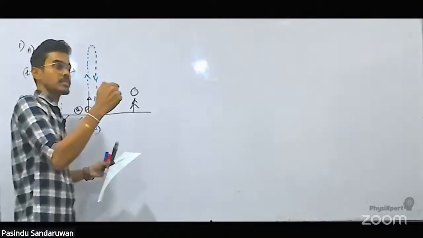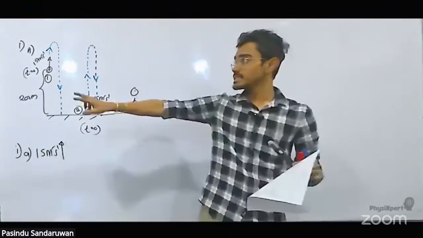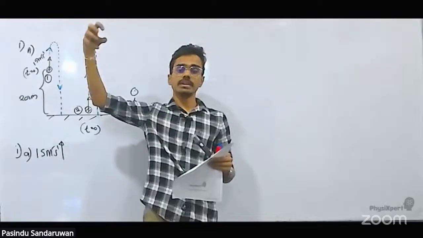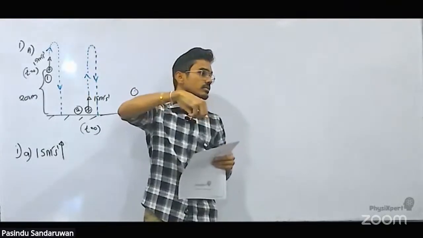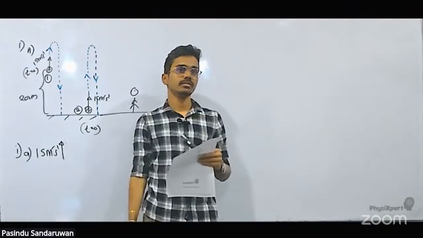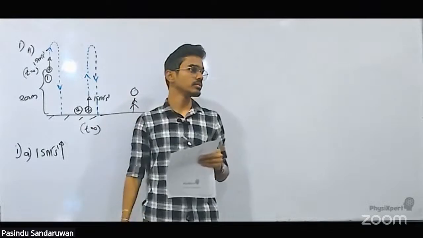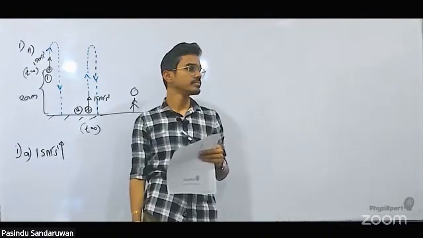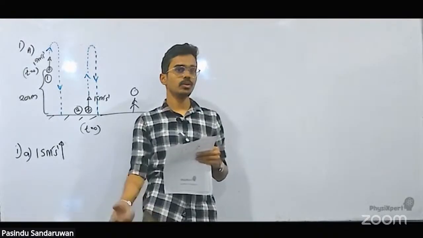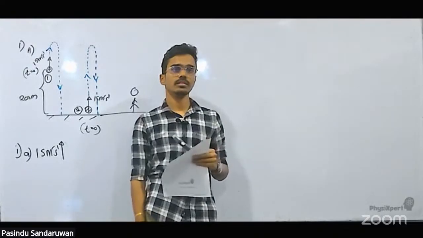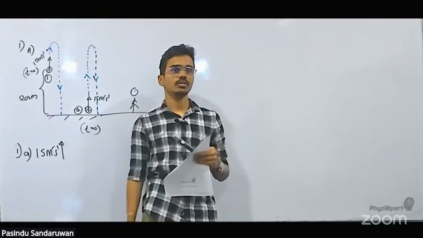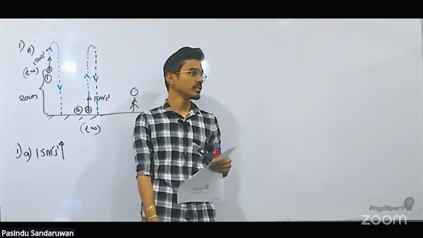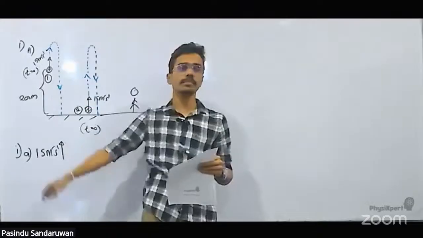If someone sees this from inside the balloon, what is the velocity of the first stone with respect to a person in the balloon? It is 0, because the balloon is moving upwards with 15, and with respect to the balloon, the stone is also moving upwards with 15.